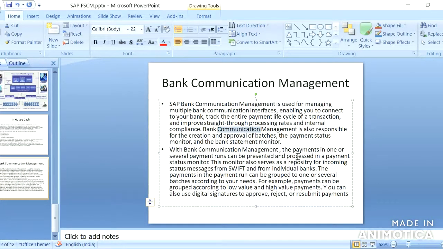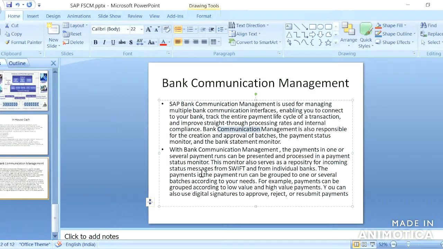With bank communication management, the payments in one or several payment runs can be presented and processed in a payment status monitor. This monitor also serves as a repository for incoming status messages from SWIFT and from individual banks.